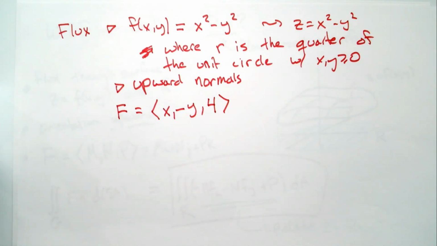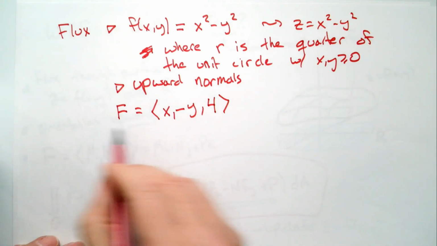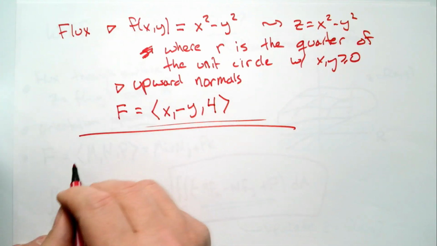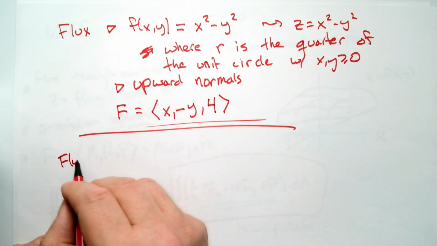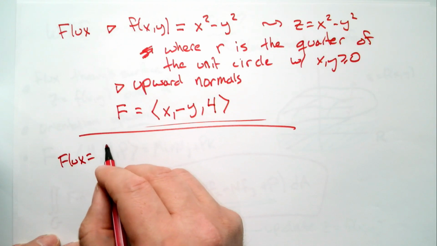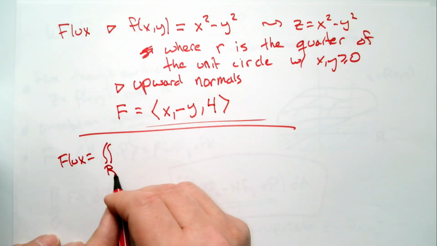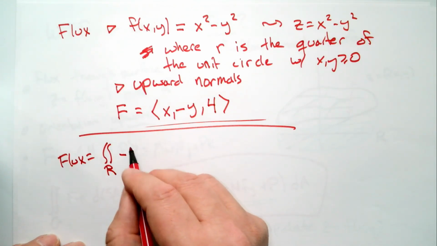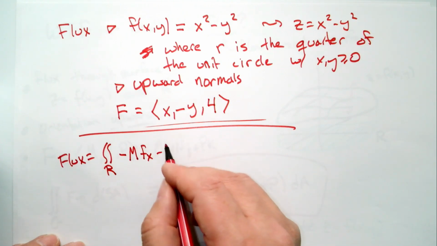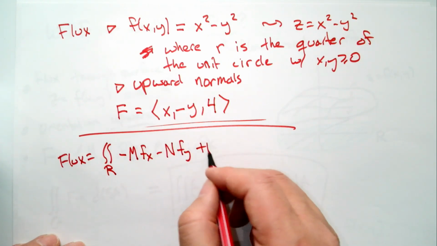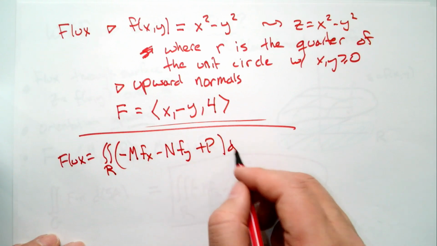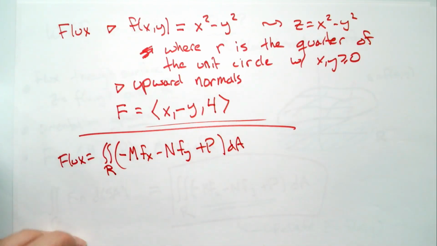Okay, so given all this information, what do we do? Well, we apply the formula. So the flux is going to be the integral over our region of minus m fx minus n fy plus p dA. Now, how do we actually do this?